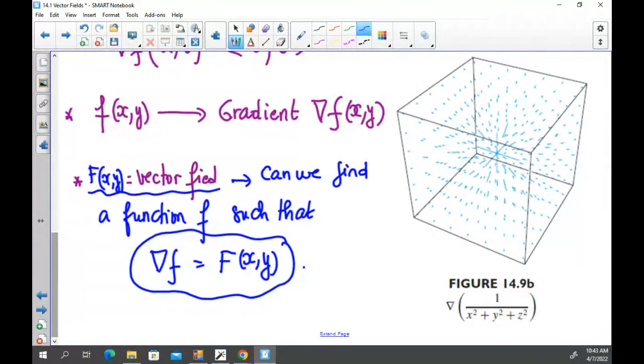So the vector is given. We want to find a function, small f, such that the gradient of this f is exactly equal to this one.